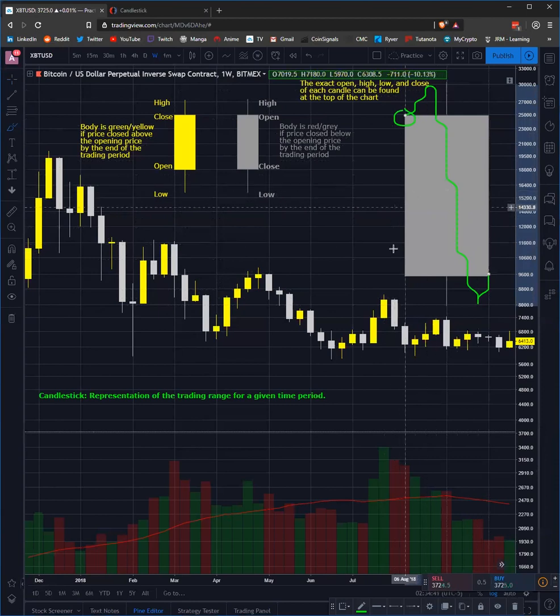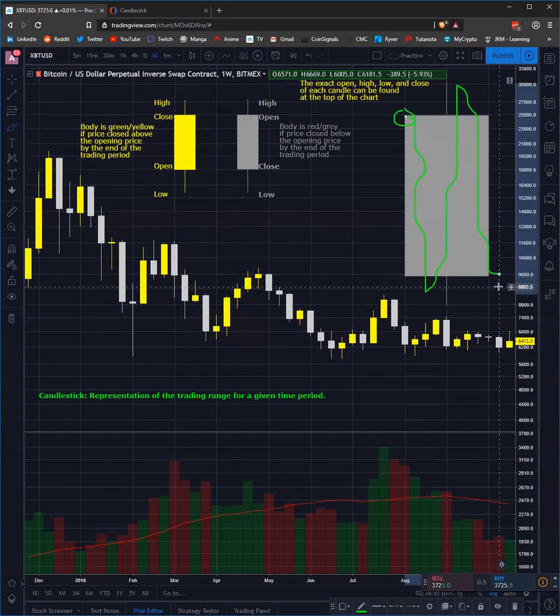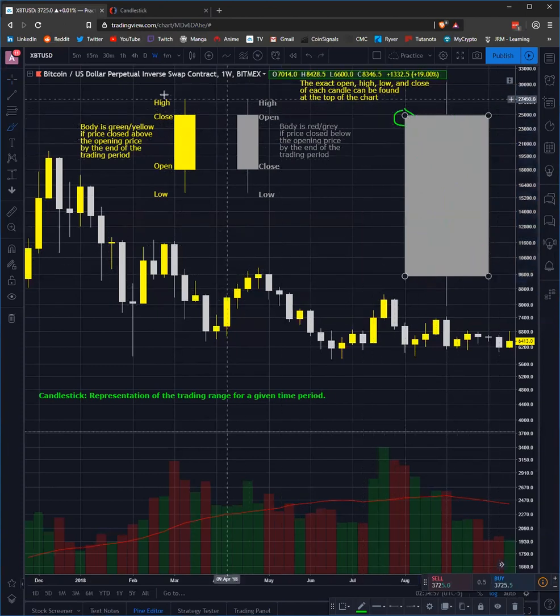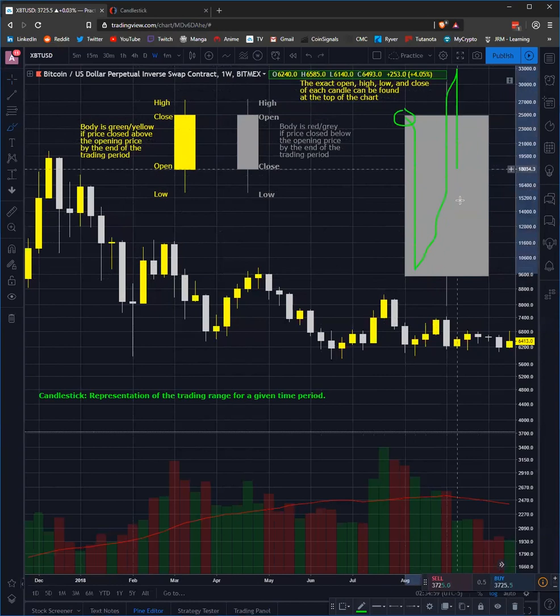Sure, it's possible something like that did happen, but it's equally possible for price to have started here, tanked to the low, ripped all the way to the high, and then come back down to the low by the end. It's also possible that price did this multiple times by the end of the candle. We don't know unless we were to look deeper at a lower time frame.